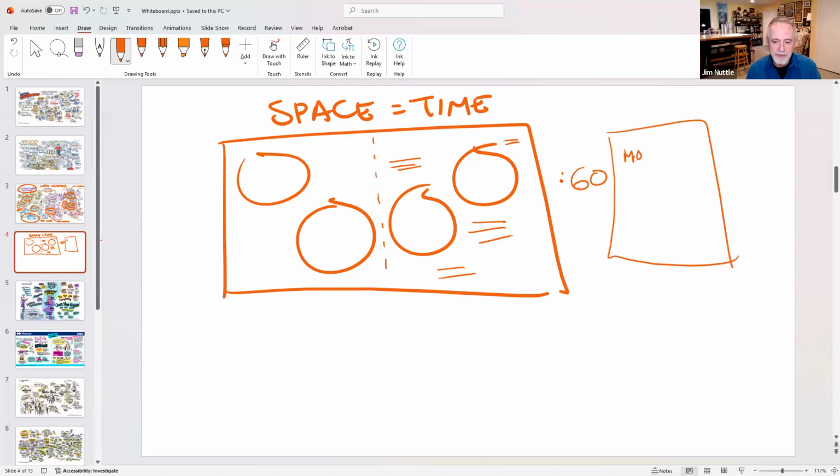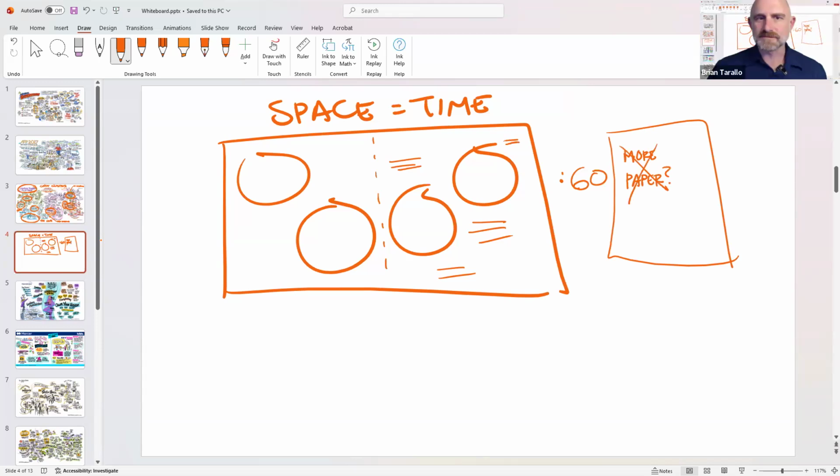I rarely get more paper, and most facilitators, most groups I work with, tend to be pretty good with their own timekeeping. So I know they're stopping at 10 o'clock with this first activity, and by golly, if John's going to talk for half of that, then he's going to get half the paper.